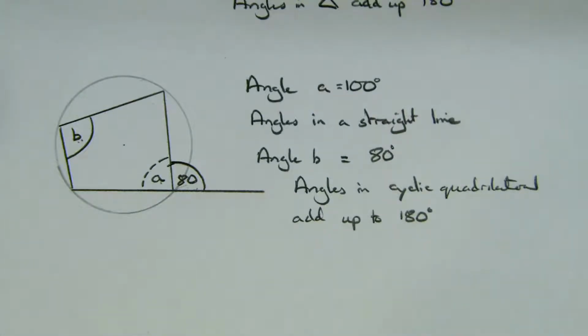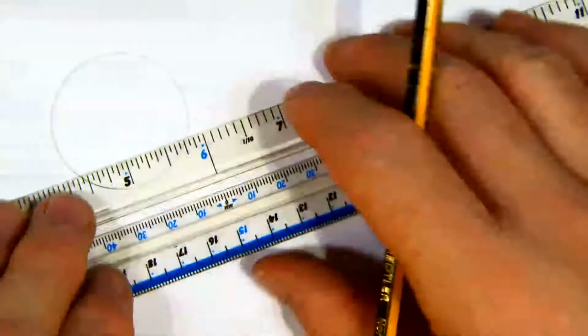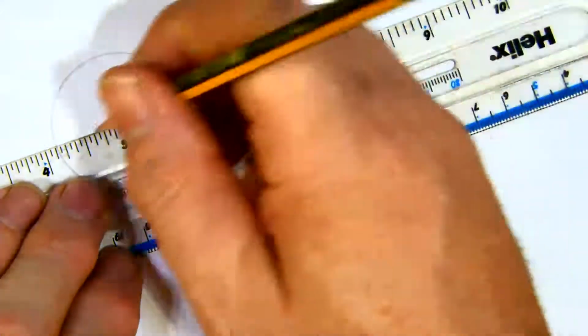All right, let's try ourselves with something that's going to be looking a bit horrible. Let's just try a few more of these. In each of these cases, we're trying to look at something to see what we can say about it. Let's draw in a line.